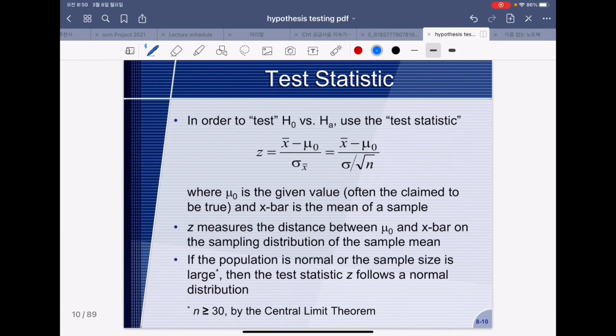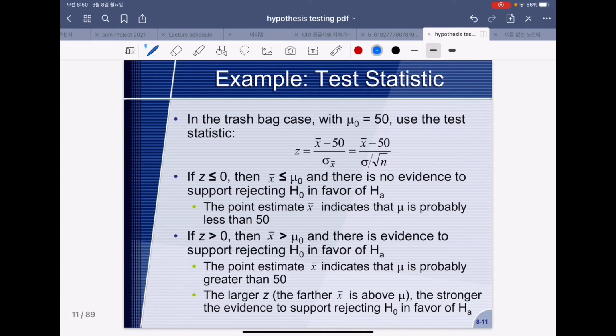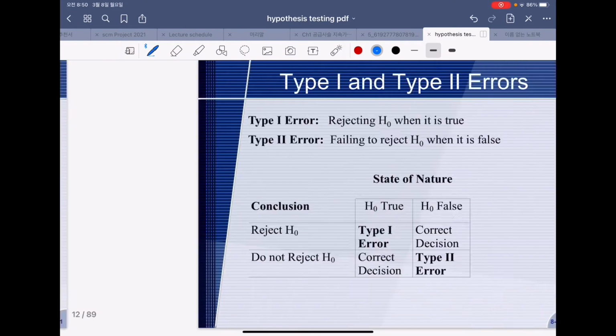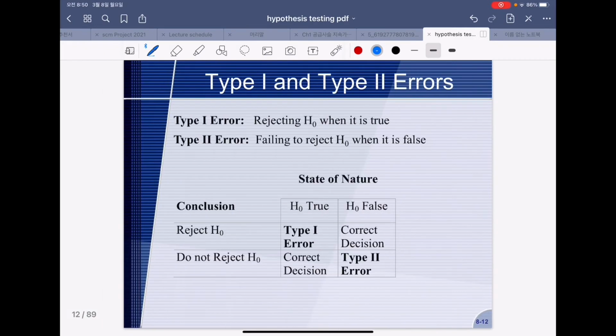Okay, now let's go to the whole process of doing the hypothesis testing, okay? Oh, before we do that, let's talk about the concept called the type 1 error, right? Remember that you have to set the alpha value, right? Alpha is called the type 1 error. Alpha is usually 0.05 or 0.01, right?